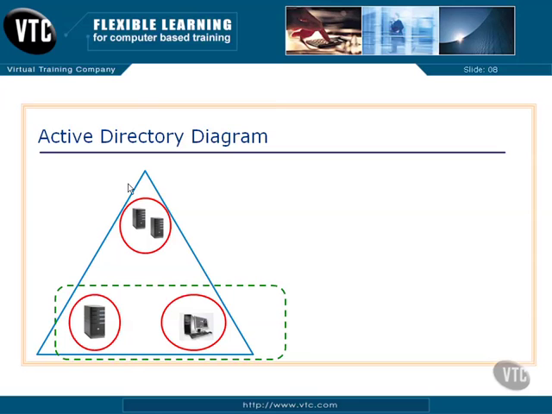But once I begin to separate these sites, it means that the underlying network connecting these guys, for whatever reason, needs to be separated from the network connecting to these servers. In the old days, this used to mean that these guys were connected by a high-speed reliable network, but to communicate to these guys went across a less reliable network. Sites have to do with the actual underlying physical network.